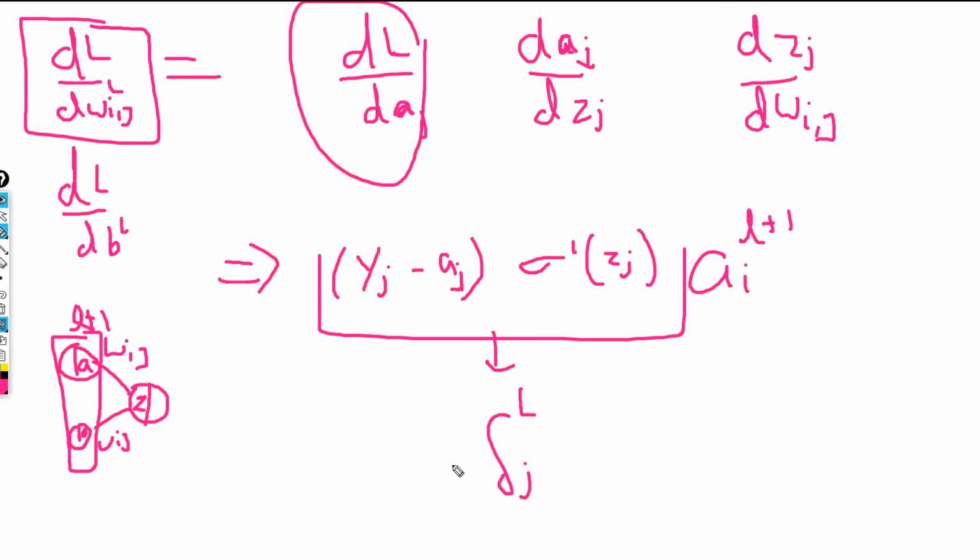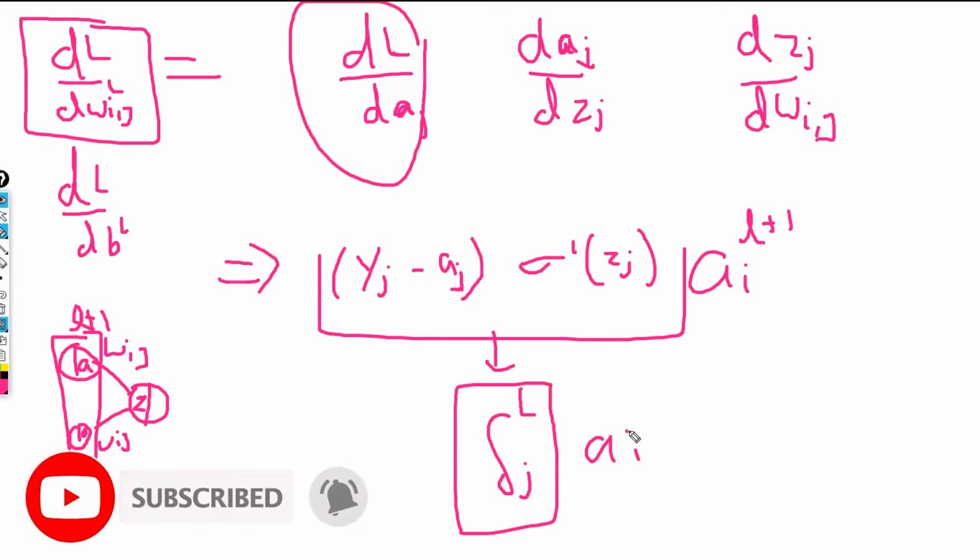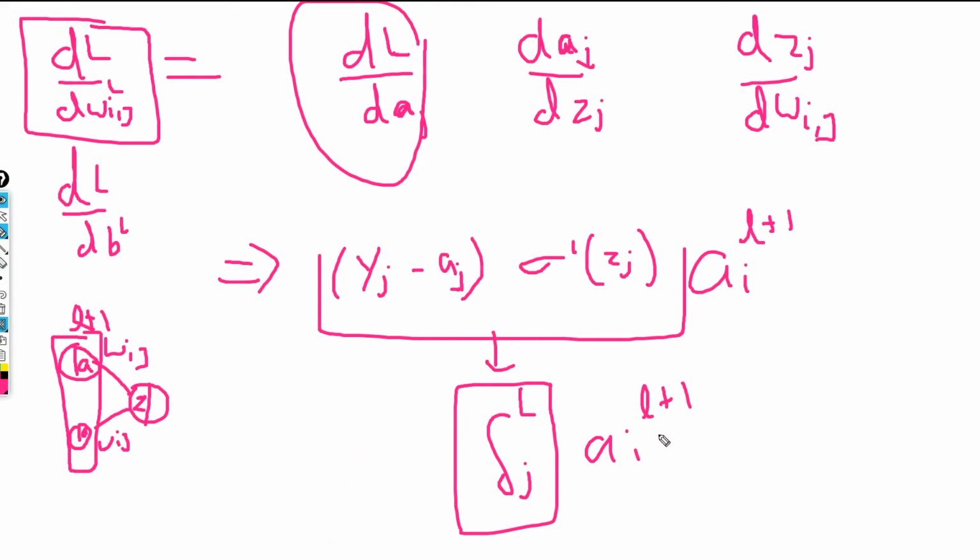You can consider it, use this part with this name, and then it is going to be multiplied with a i L plus 1. And similarly we have to find it for this part. So let's squeeze it in here. This is going to be the same.